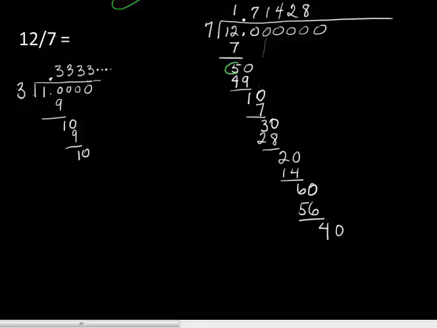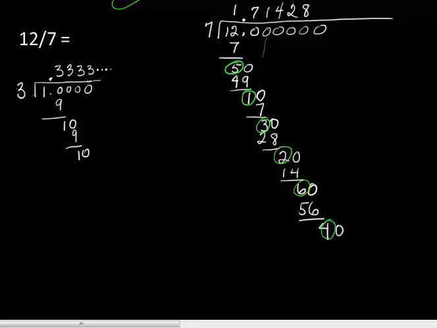First we had a remainder of 5, then 1, then 3, then 2, 6, and 4. As soon as we repeat a remainder, it's going to start to repeat. Think of this: if you're dividing by 7, how many remainders can you possibly get? If you divide by 7 and it doesn't go in evenly, you only have 6 remainders: 1, 2, 3, 4, 5, 6. That's all. So we're going to start to repeat soon.